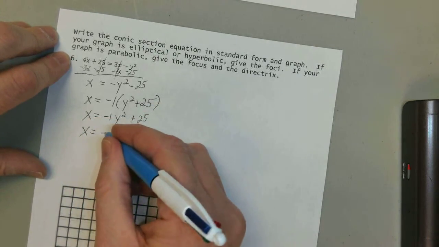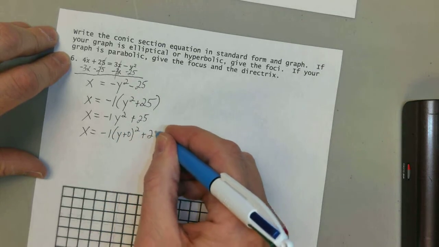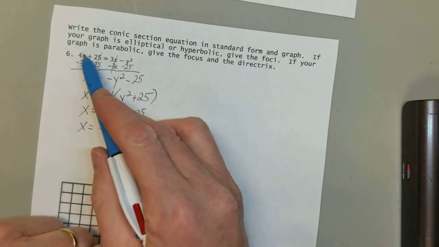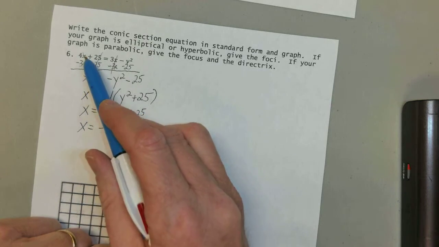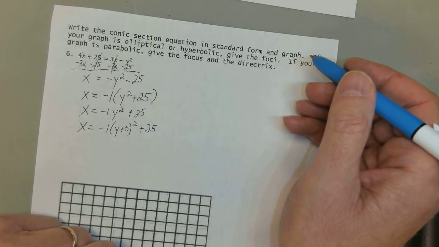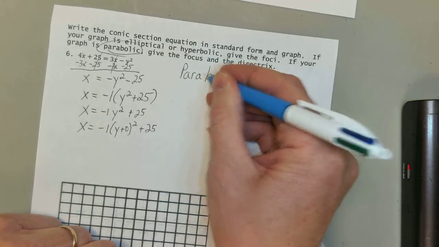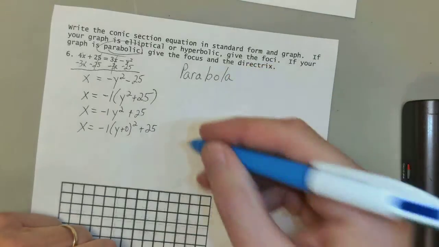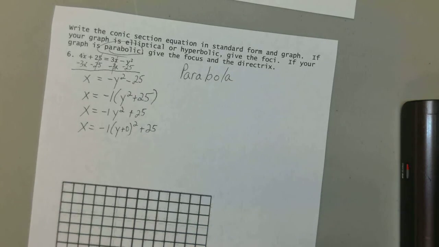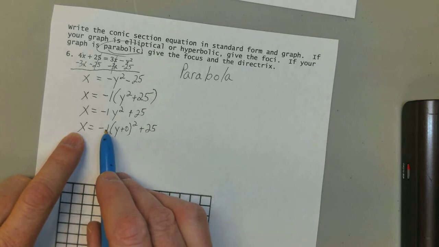If I'm looking at the standard form for a parabola, this is x to the first, this is y squared. When one variable is degree 2 and the other variable is degree 1, then we're talking about a parabola. This one is going to face left. It's right or left, but it's going to face left because it's negative.